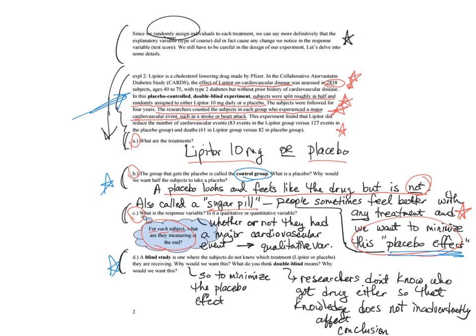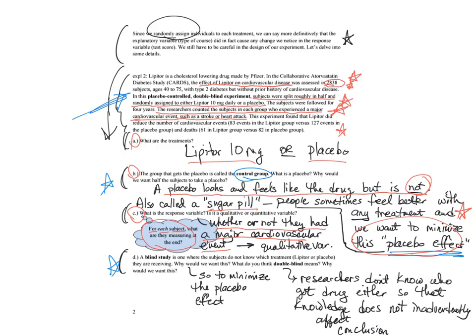And back up there to the paragraph, I know I've got a lot of writing in there, but it says on like the second to last sentence, the researchers counted the subjects in each group who experienced a major cardiovascular event. And so for each subject, think about this, for each person, they're asking, did you or did you not have a major cardiovascular event? It's really a yes or no question, right?